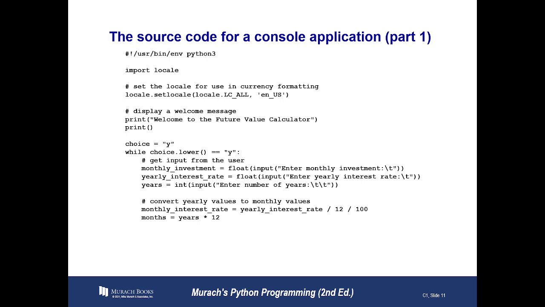And then the third one is years equals int. In that case, whatever value the user types will get converted to an int and then get assigned to years. So you see how I'm evaluating right to left whenever there's an assignment operator, which is the equal sign.